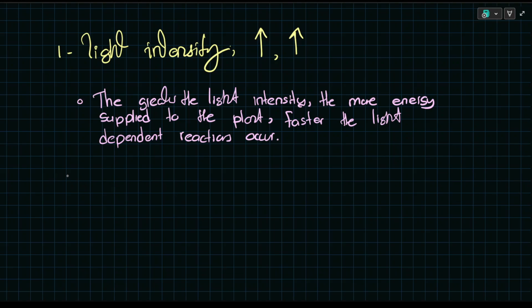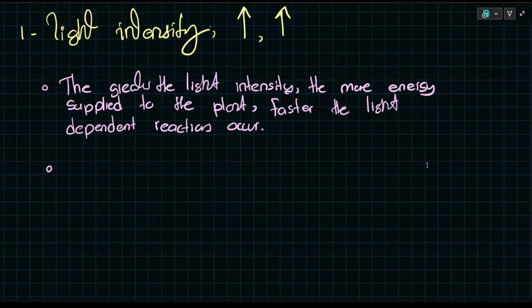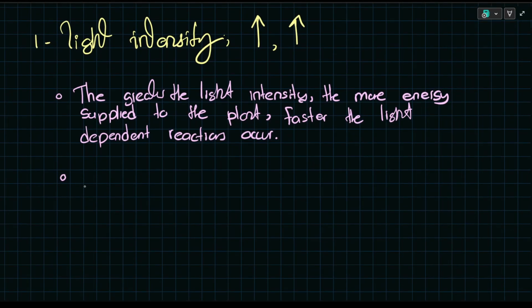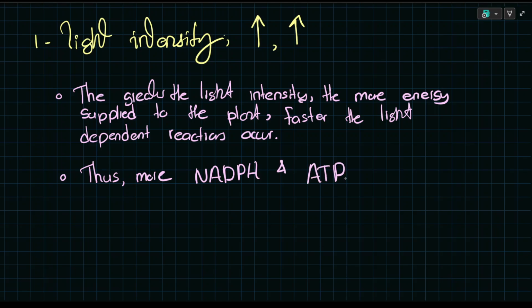Right? So what is the result? Now, if we have a faster light dependent phase, what's the result? Thus, more NADPH and ATP are produced. These are the only things we're taking from the light dependent stage. So more NADPH, more ATP is produced. Much more of them are produced.